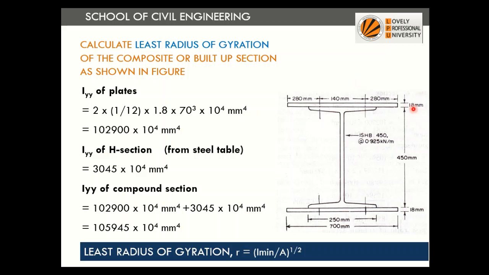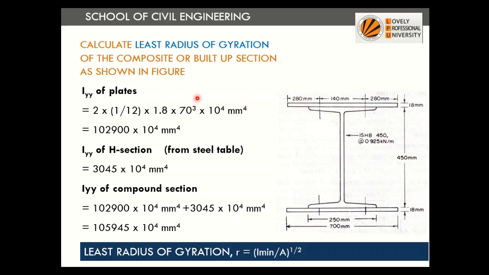It is 18. So B will be 18 and depth will be 700. So we write BD cube by 12. B is 1.8 centimeter into depth 70 centimeter into 10 to the power 4, into 2, because there are 2 plates.